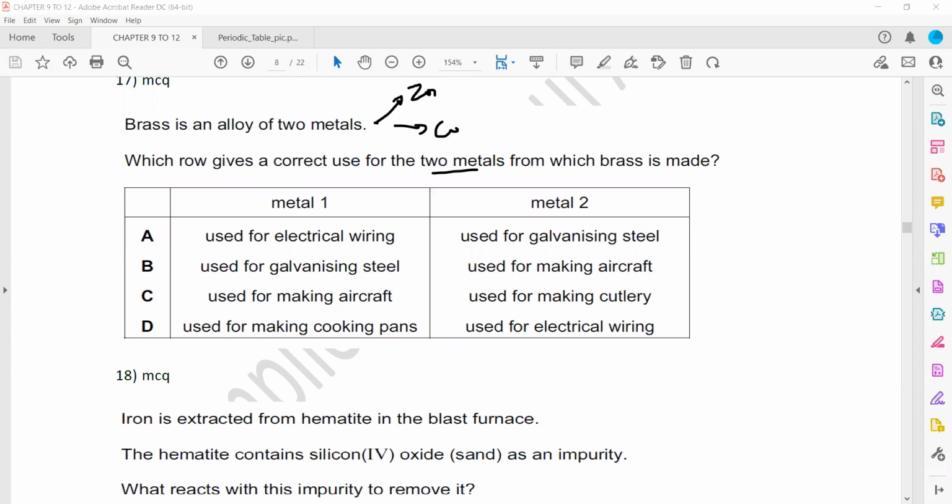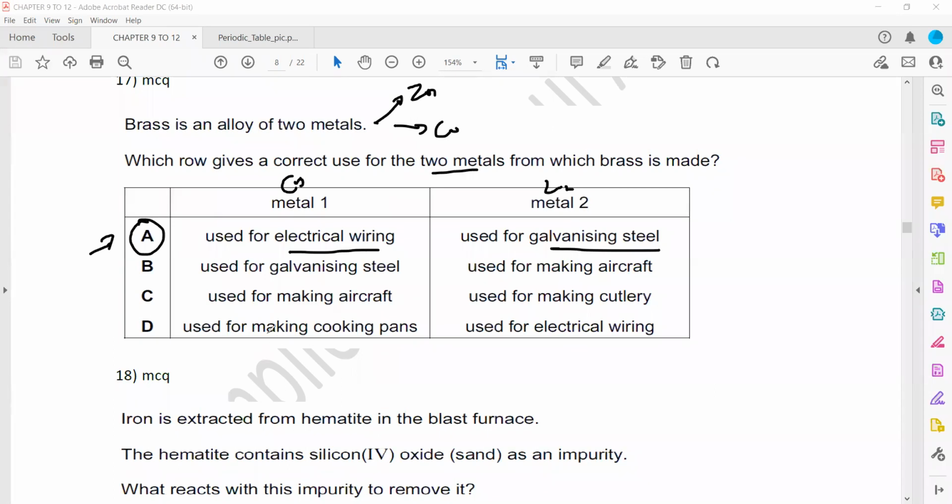So when we check the options, if the first metal is copper and the second metal is zinc: what is the use of copper? Copper can be used for electrical wiring, and metal 2, if it is zinc, can be used for galvanizing.